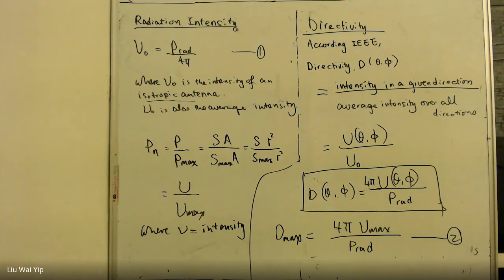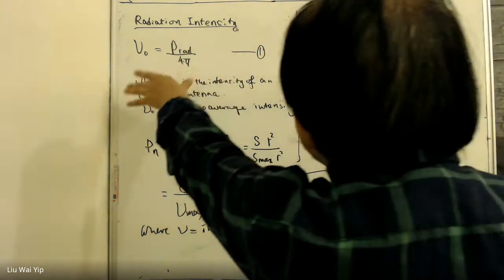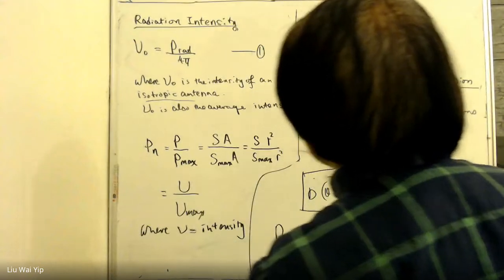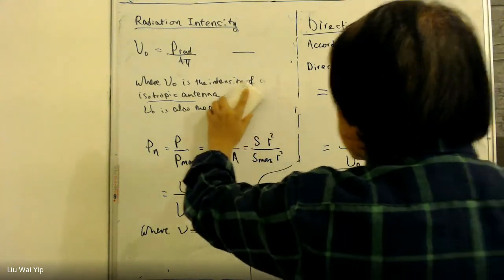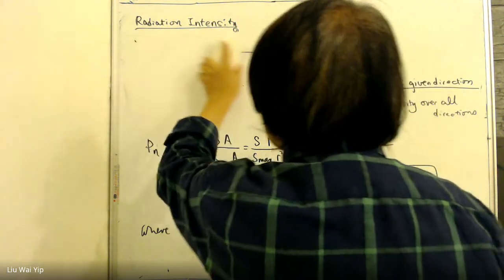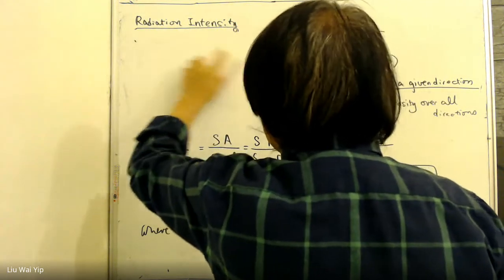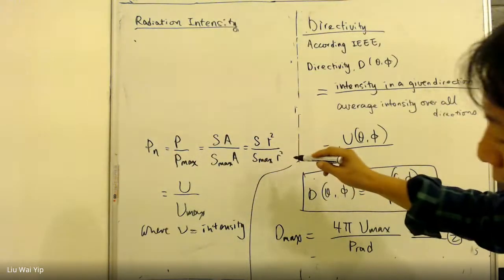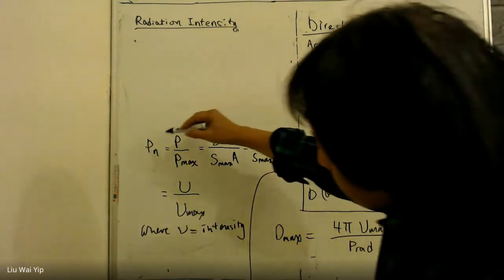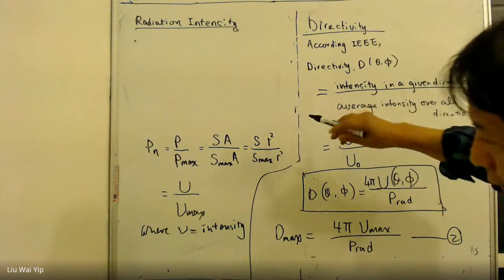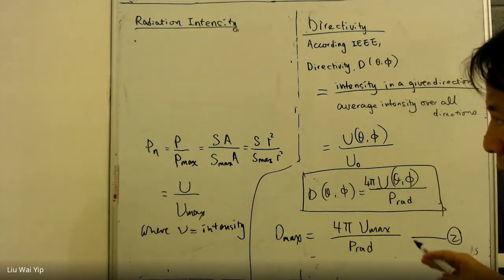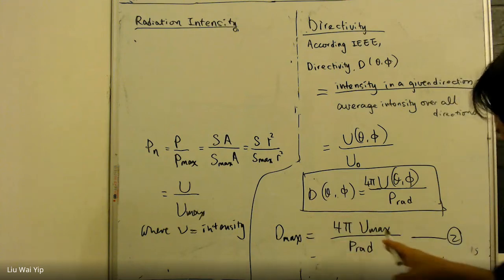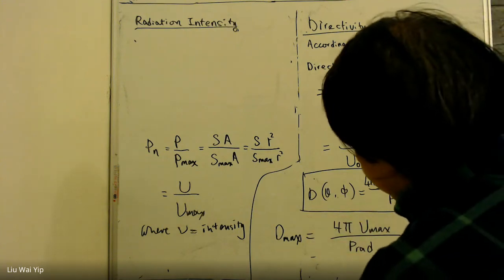Let me free up this space, and we are going to retain this equation because this is the important conclusion. Without this, you will not be able to derive this formula.